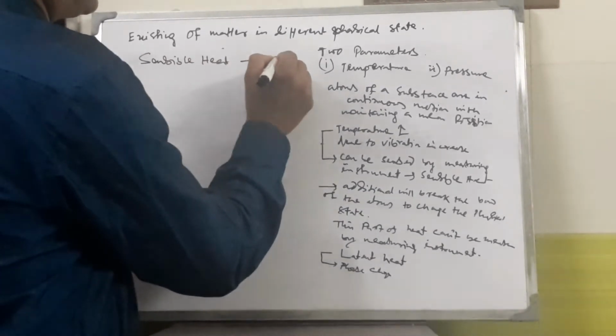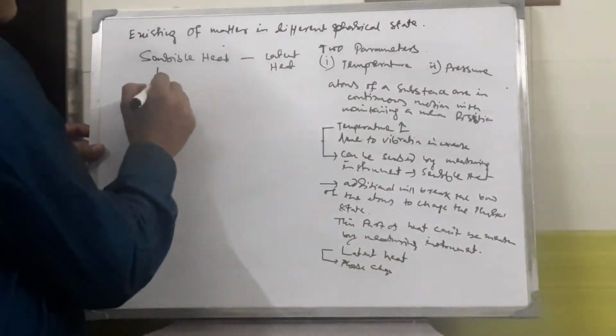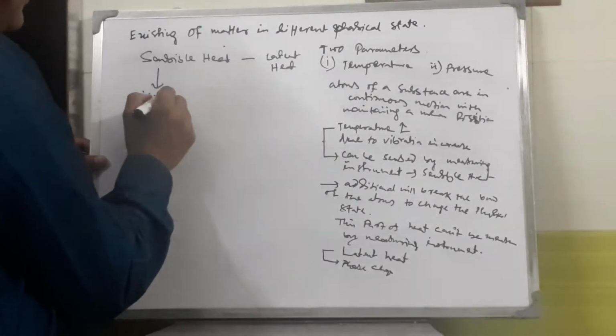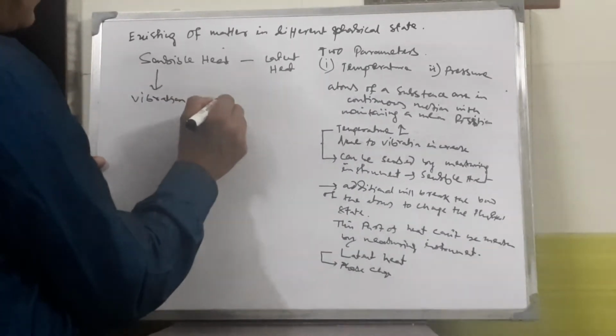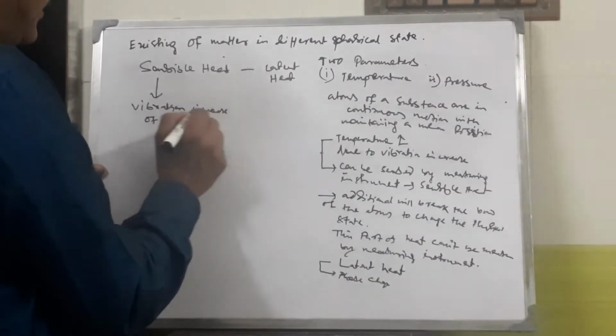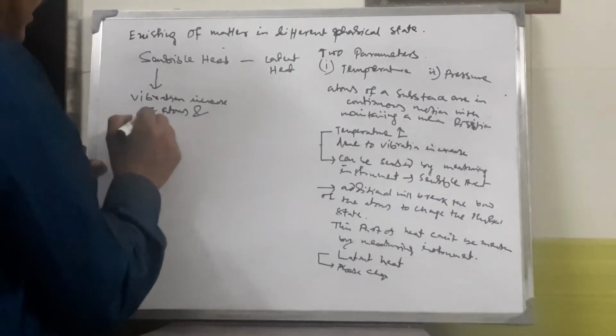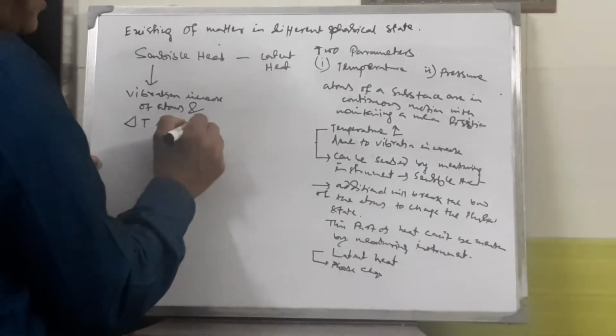This sensible heat part comes from vibration increase of atoms, and delta T, temperature increase, is measurable.